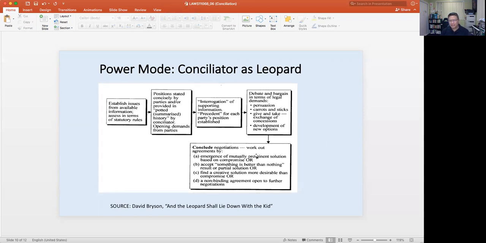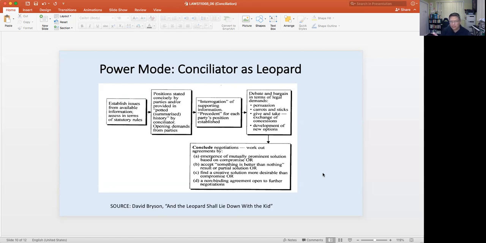Now, eventually, if they succeed, then they work out an agreement by emergence of mutually prominent solutions based on compromise, or accept something is better than nothing, or find a creative solution that is more desirable than a compromise, or a non-binding agreement open to further negotiations. Later on we'll see the Masters versus Cameron agreement in one of the legal issues.